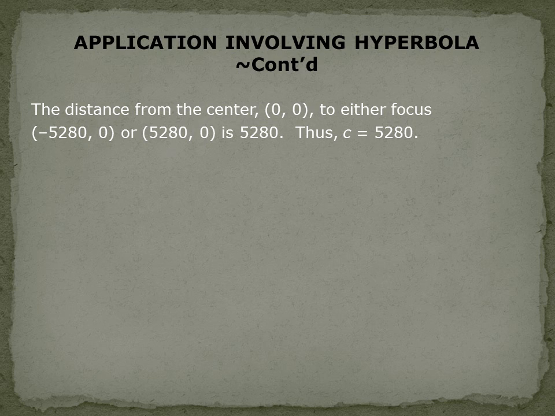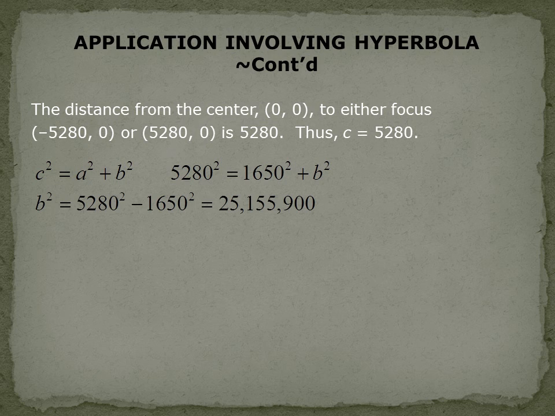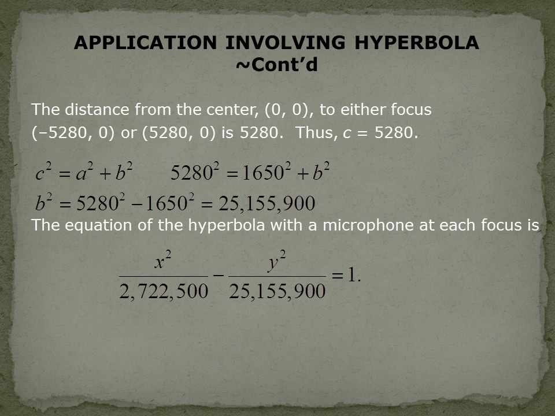Thus, c equals 5,280, which is how many feet there are in a mile. c squared equals a squared plus b squared, which translates to 5,280 squared equals 1,650 squared plus b squared. b squared then equals 25,155,900.